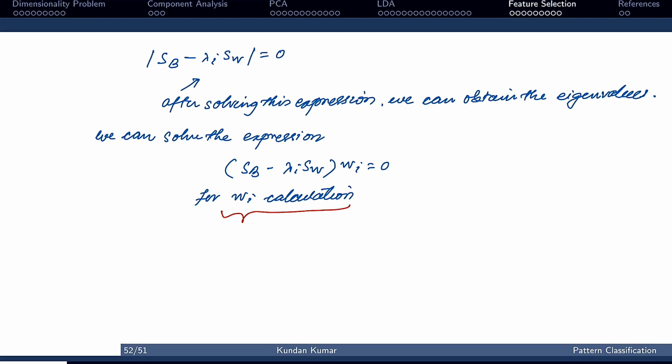Here this is our solution. So we will have the vectors for C minus 1 discriminant functions. That will give you the complete picture of the transformation matrix, so that our data samples in the lower dimensional space will have the best separability. So this was the multiple discriminant analysis.